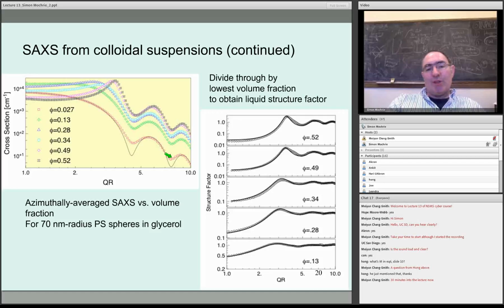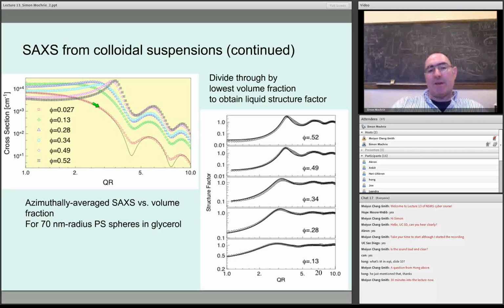And at 2.7%, the particles are fairly widely separated, and so there are not very significant interparticle correlations. And so this intensity profile at 2.7% actually comes from individual particles. It's the particle form factor of individual particles. They're little spherical particles, and so that's what these little dips and bumps are here.